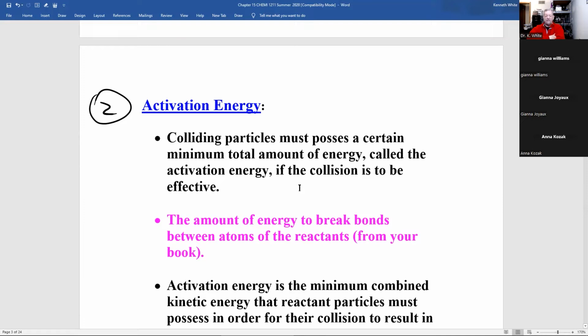And that's what we mean by if the collision is to be effective. In other words, if they just go, think, no, they gotta go wham. I don't know about wham and ding, but you get the message. They have to have a certain amount of energy called the activation energy when they collide for a reaction to occur.